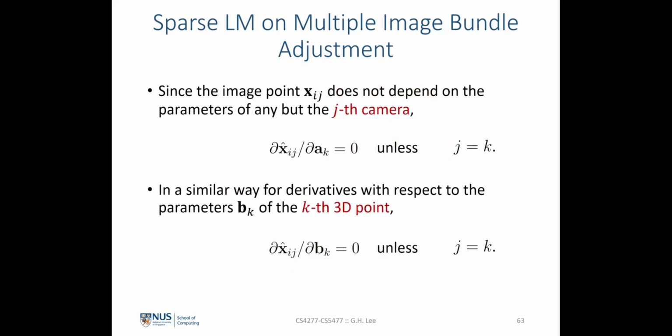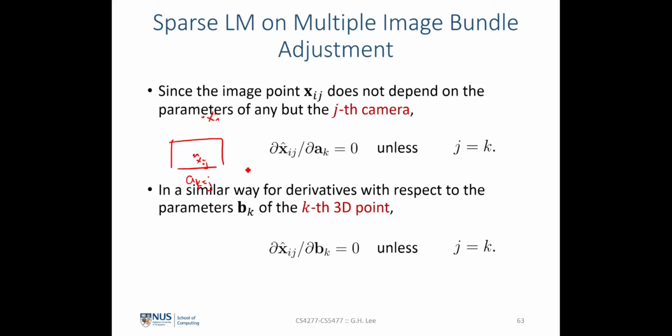So suppose that we are given a reprojected point which we call xij hat here. We know that this xij hat is a result of the reprojection of a 3D point xi in the 3D scene. And we know that this particular 3D point would only be seen in the jth camera. That means that if I have a camera Ak, for example, we will only see this particular 3D point as xij if k is equal to j.